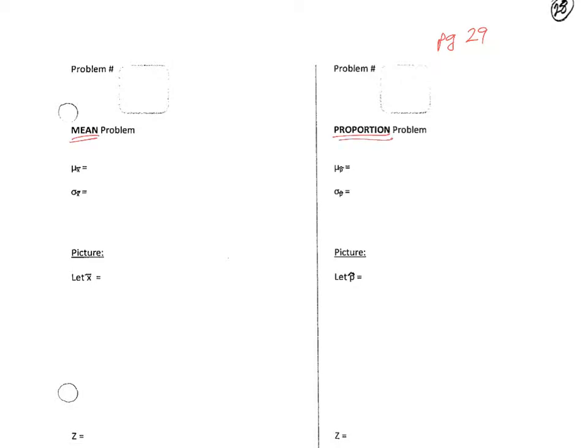They may not be in order. So do be aware when you do these problems that's why this is blank. Okay, so it did happen that problem number 1 was a mean problem, and we're not going to do that problem yet because we've just studied proportion problems. Okay, problem number 2 is our proportion problem, and that's what we just studied.